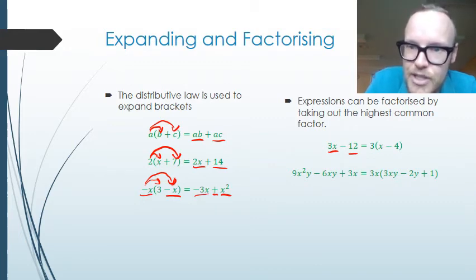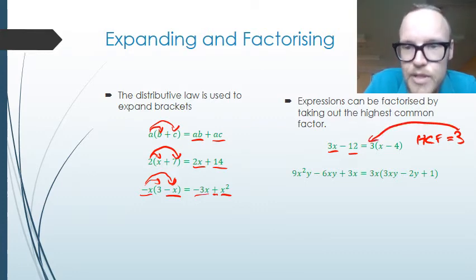If our HCF is 3, then that goes outside the brackets. And then we divide each of the terms, 3x and 12, by 3 to get what goes inside the bracket. So 3x divided by 3 is x, and minus 12 divided by 3 is minus 4. So we're left with what's in the brackets there, and that is now a factorised statement.